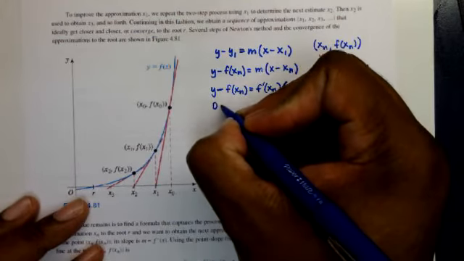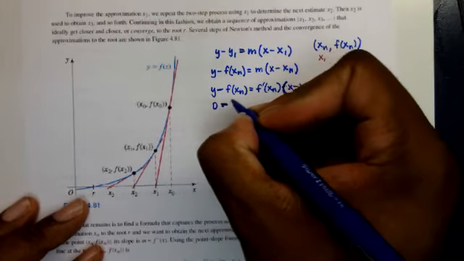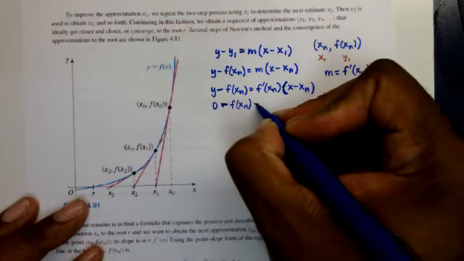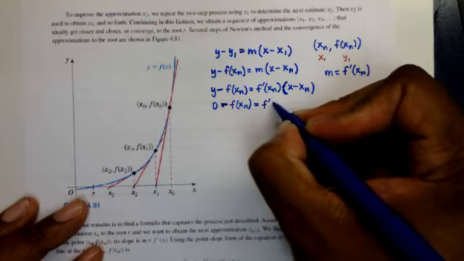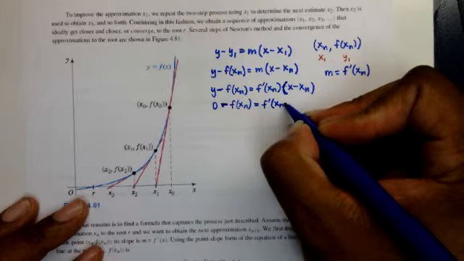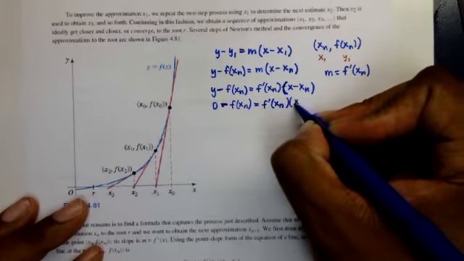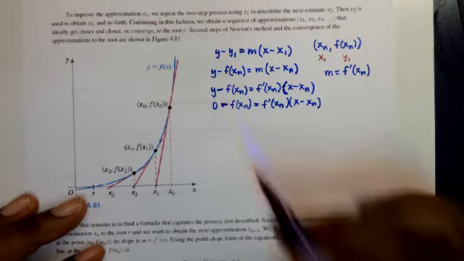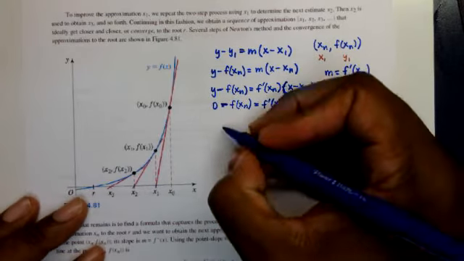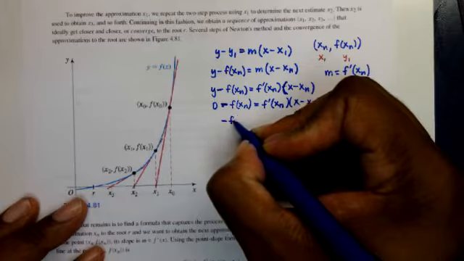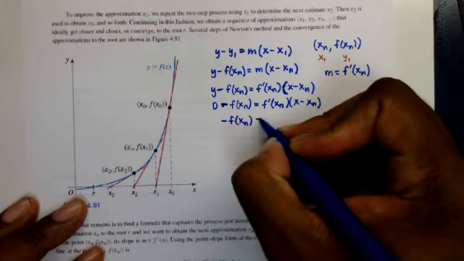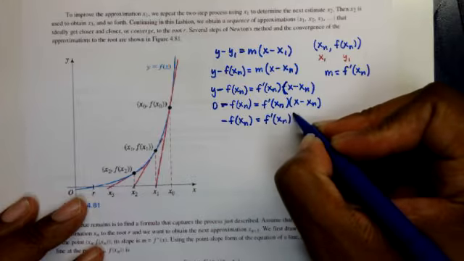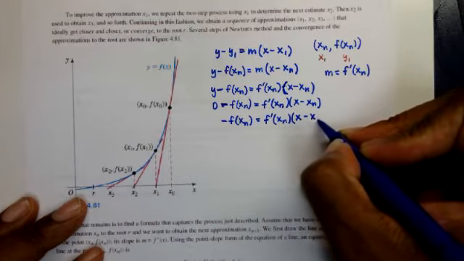So this would be 0 minus f of x sub n, and that's equal to f prime of x sub n times x minus x sub n. And of course, 0 minus f of x sub n will be negative f of x sub n. And that's equal to f prime of x sub n times the quantity x minus x sub n.